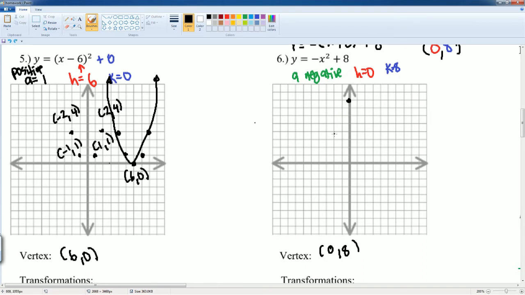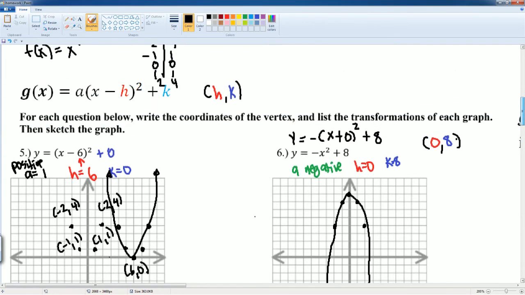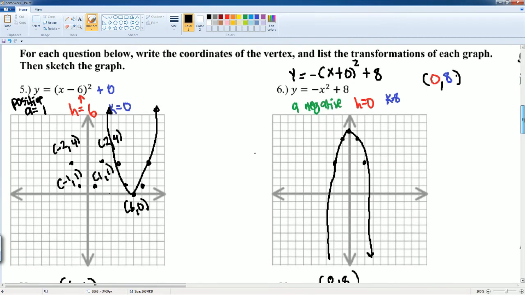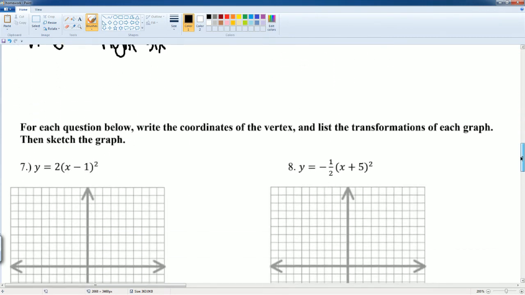It goes down, so it would look like that. And then it goes down 3 across 1, down 3 across 1. So it would look something like this. And if you are using a table of values, you could plug it in here and generate your table of values to get the points.